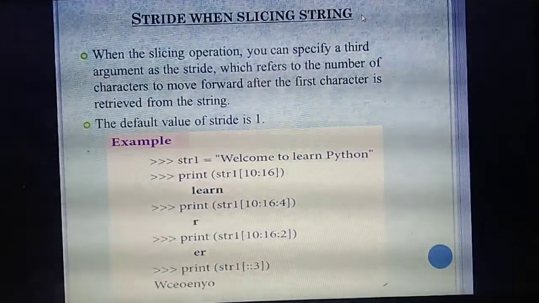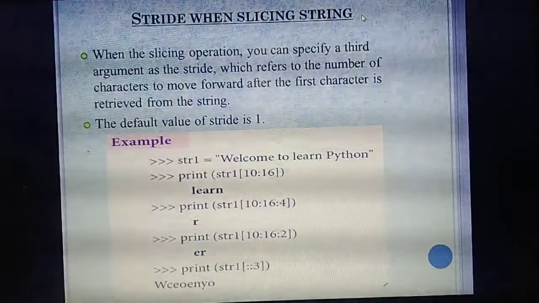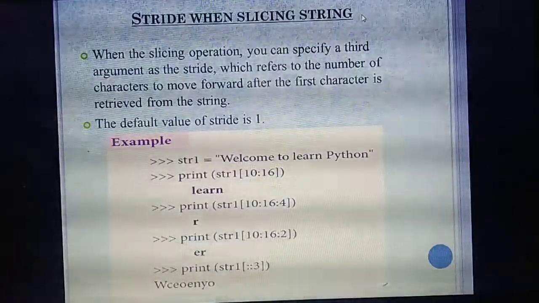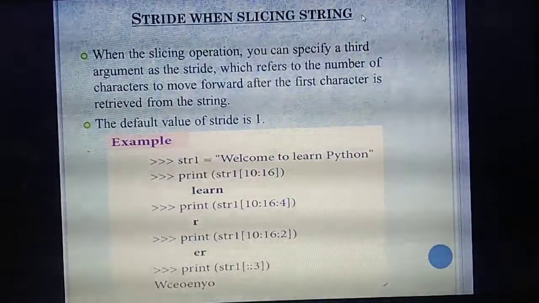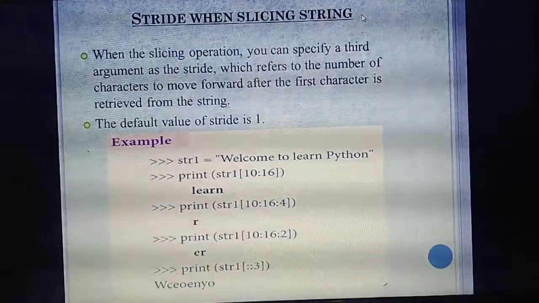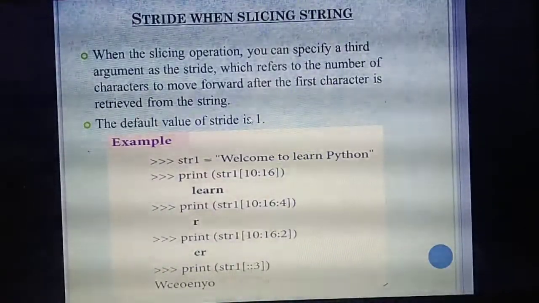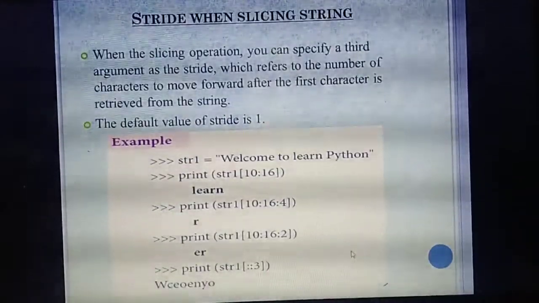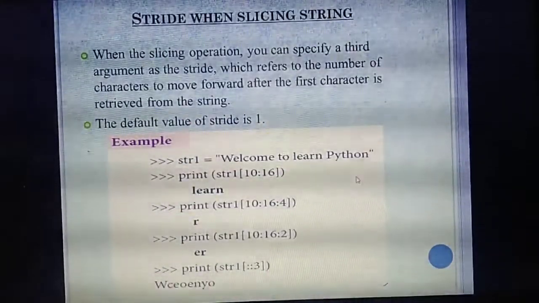Already we have studied from the first character till the last character, or in the middle. With stride, in between any characters you can stride. But one important thing: the default value of our stride is 1. See this example, listen carefully, then only you can understand.